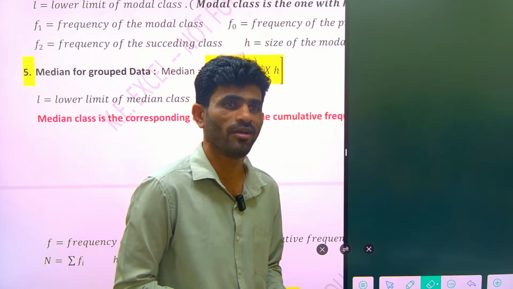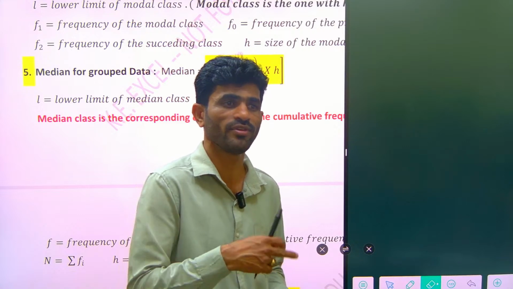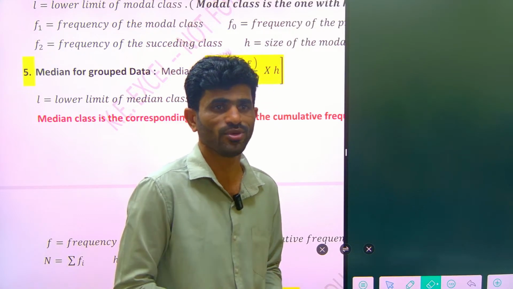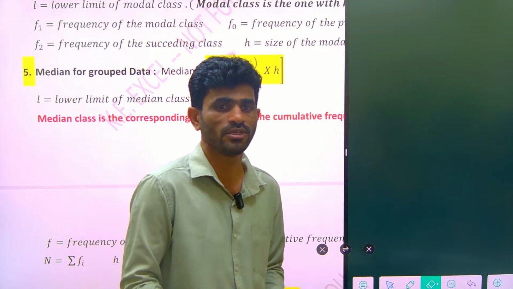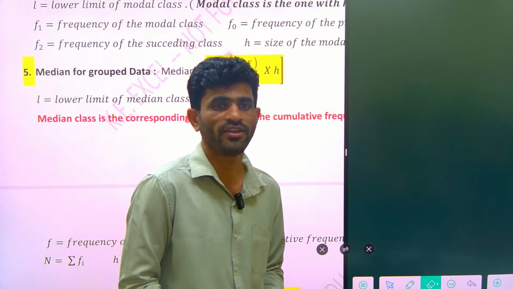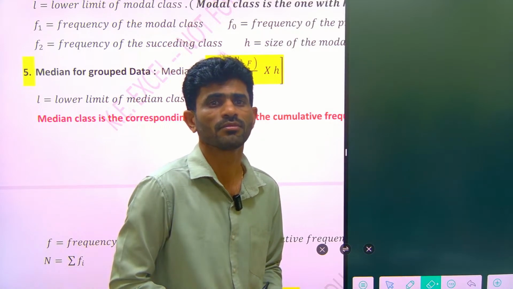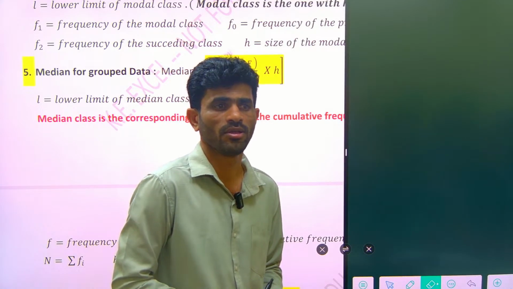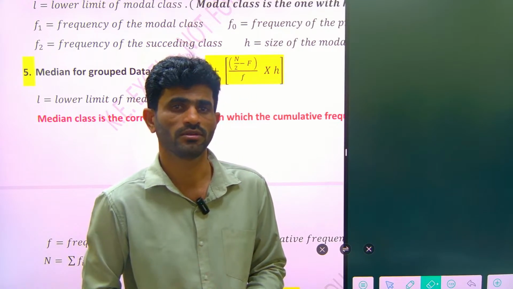Don't know? Then without knowing how to identify the modal class, how will we write F1, F0, F2, how do we identify H? Difficult, no? Sohail, how do we identify the modal class? This is very simple. Among all three, mean, median, mode, finding the modal class is the simple one.